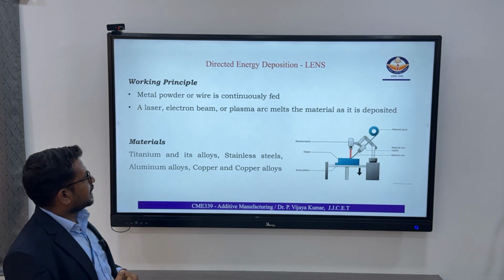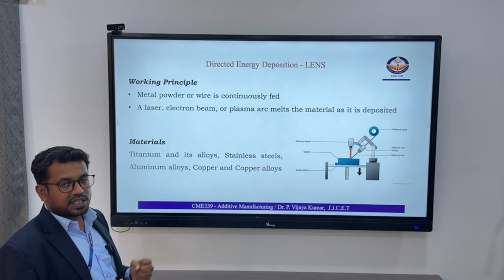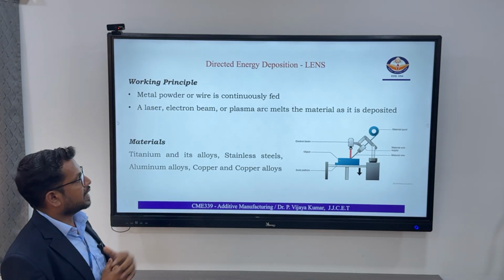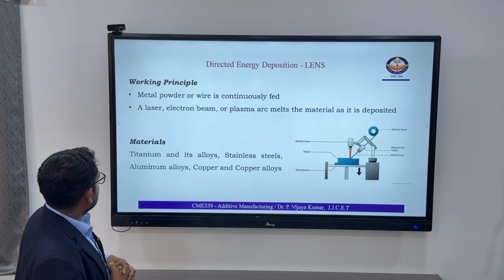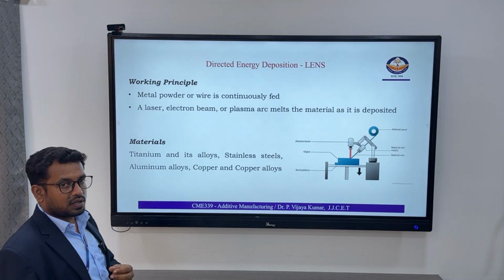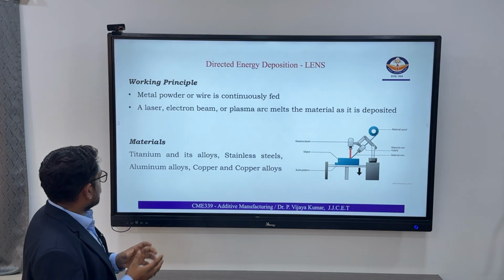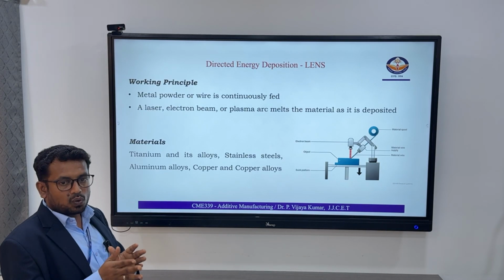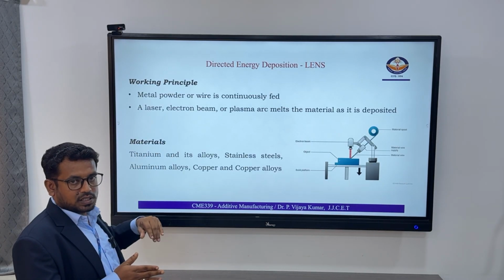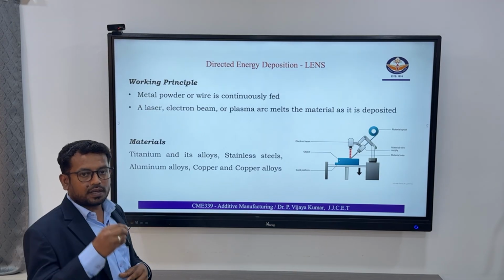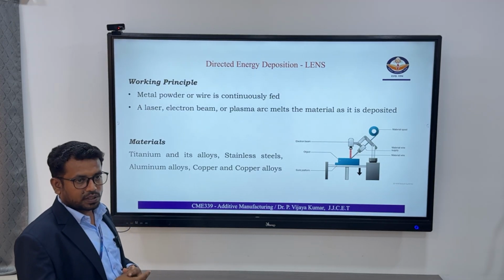And direct energy deposition, laser engineered net shaping, is the process mainly used under this direct energy deposition technique. In this technique, metal powder or metal wire is used for developing a product. Uniquely, this technology is different compared to other processes. Why I am saying this is that this technology is able to do repairing of products. Okay.